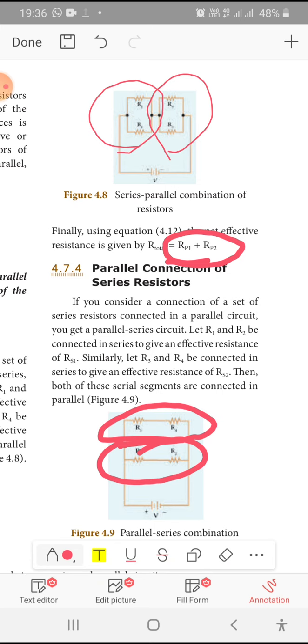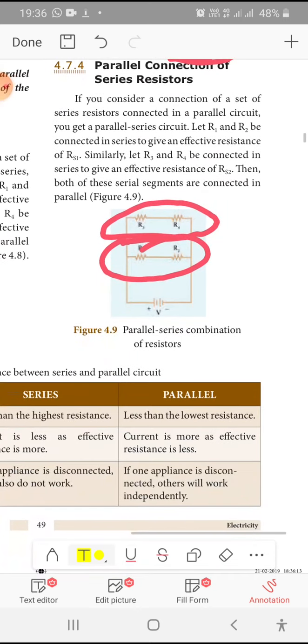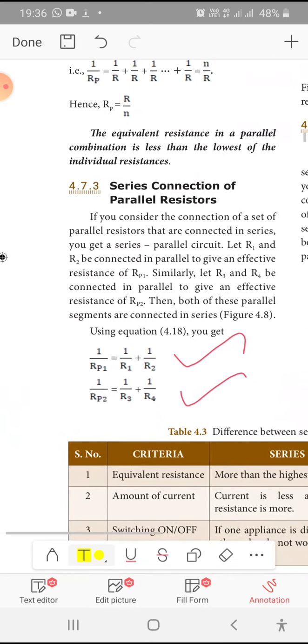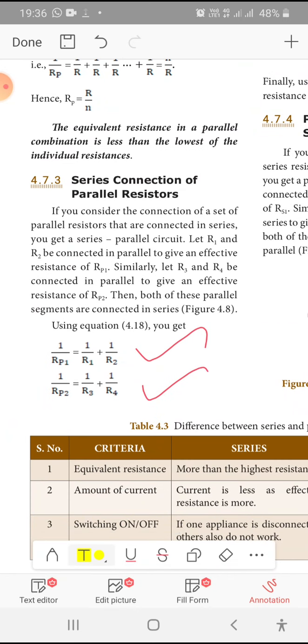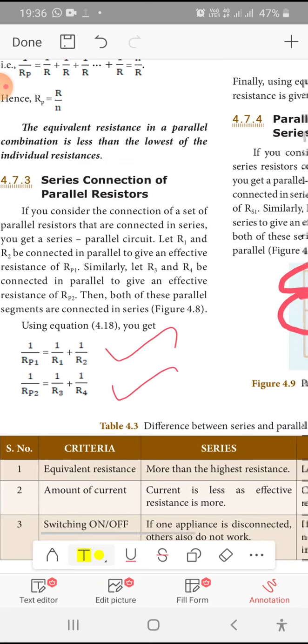Then these two are added in a parallel way. If you consider a set of parallel resistors connected in series, R1 and R2 connected in parallel give RP1, R3 and R4 connected in parallel give effective resistance RP2. After finding RP1 and RP2, those two are added in series.